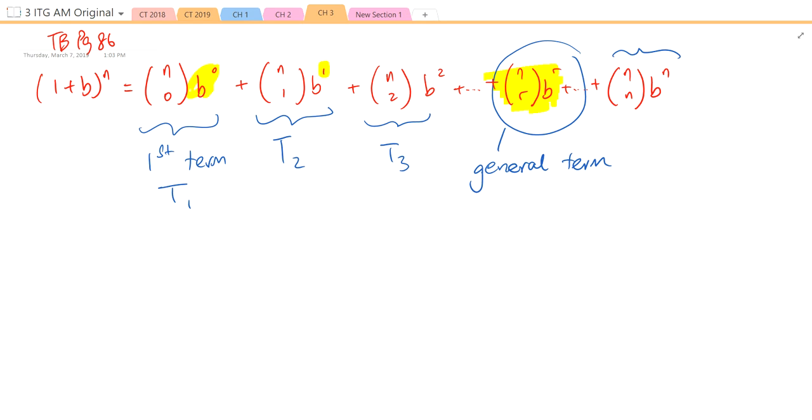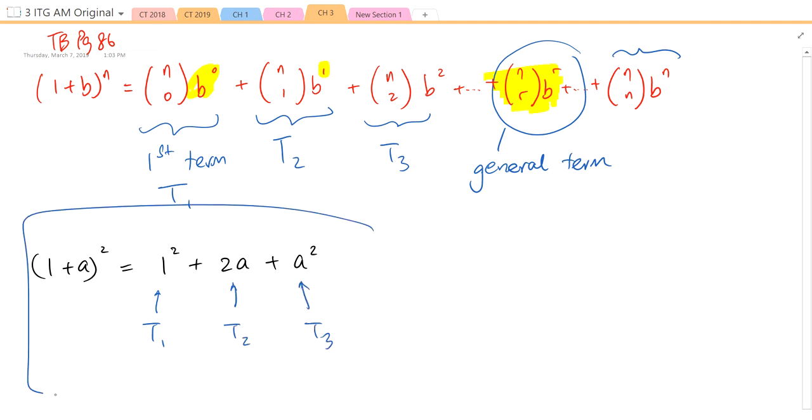We make a simple comparison with, for example, (1 plus a) squared. This gives us 1 squared plus 2a plus a squared, right? And this one over here, we call it term number 1, term number 2, term number 3. We are all familiar with this, aren't we? Right?